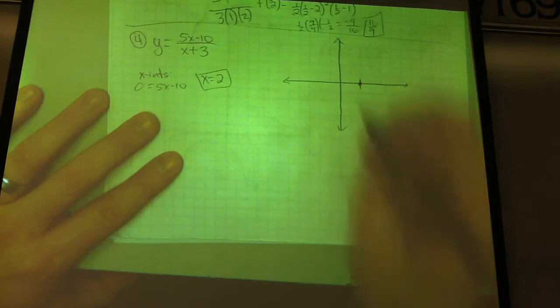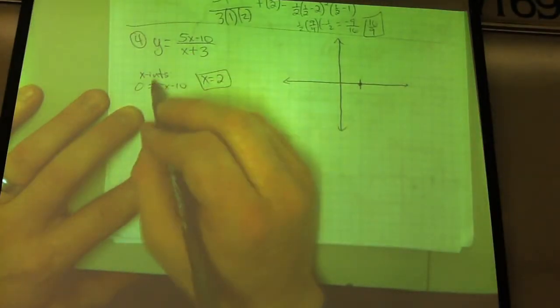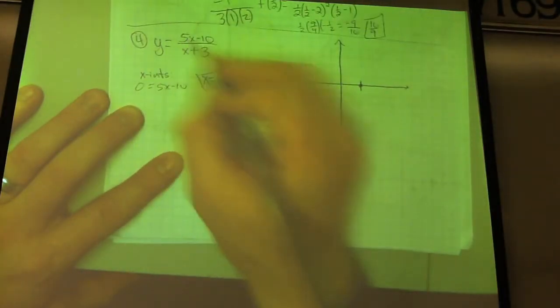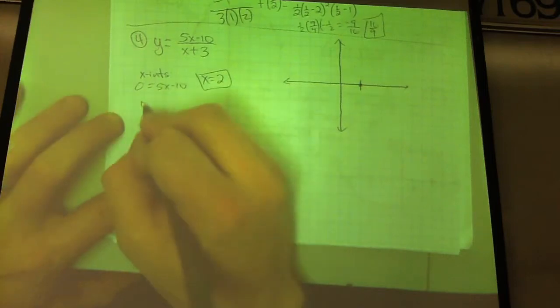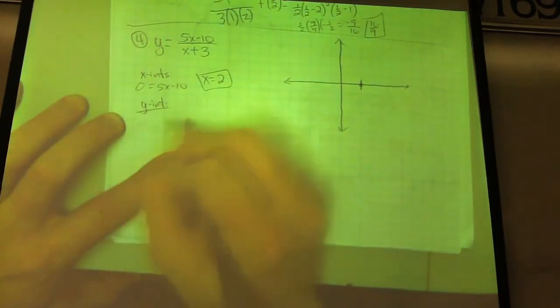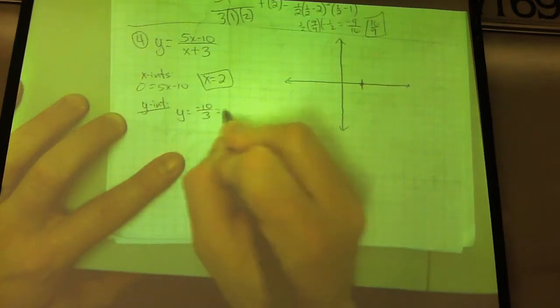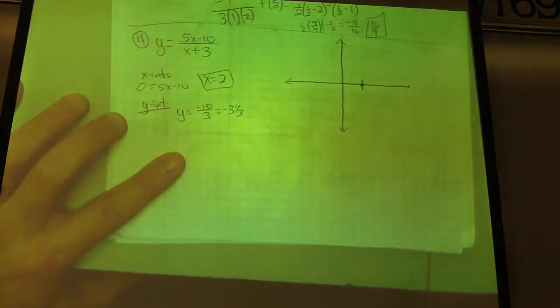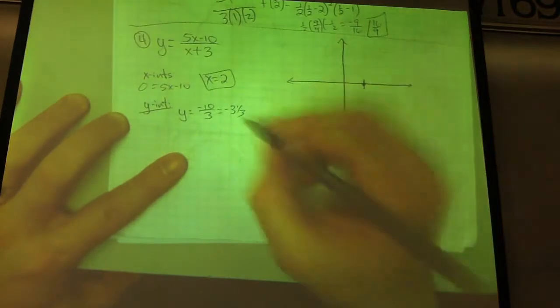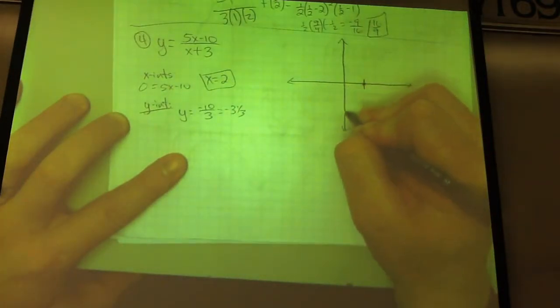And then y-intercept: plug in 0 for x. So it's negative 10 thirds, which is negative 3 and a third. Right, so negative 3 and a third right there-ish.